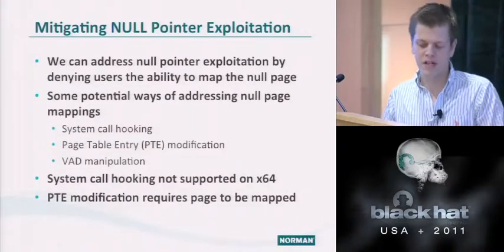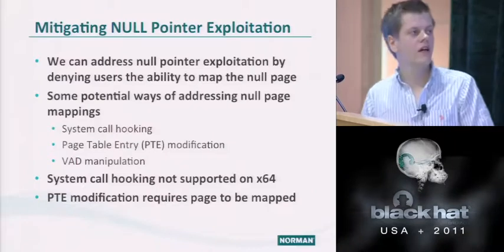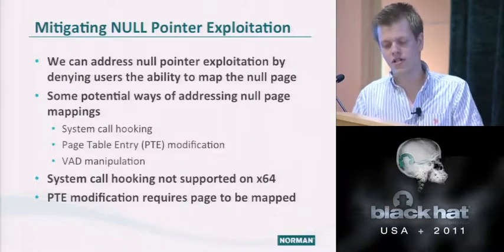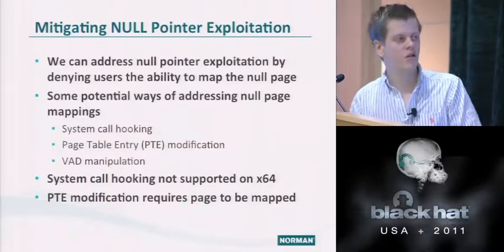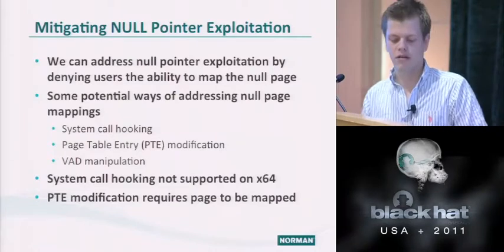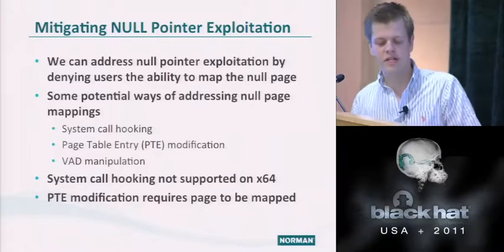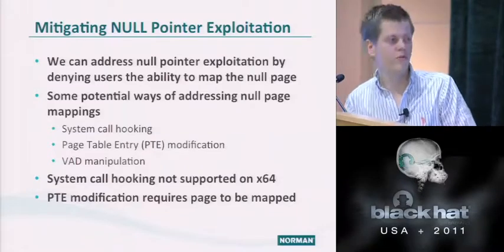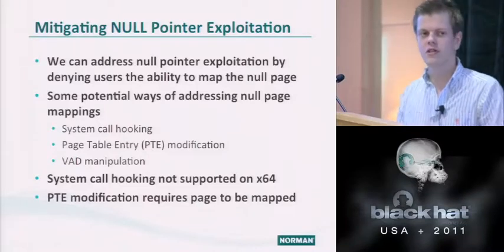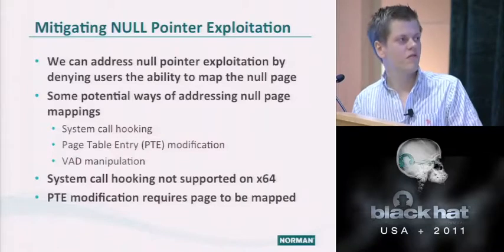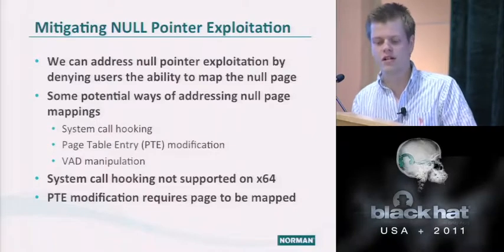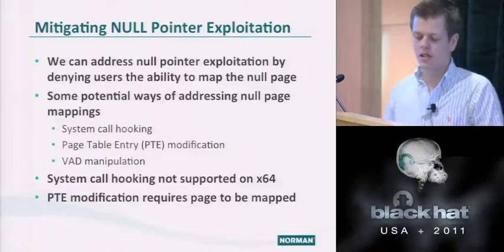For mitigating null pointer exploitation, we can try to deny the allocation of the null page. There are some potential ways of doing this. We could use system call hooking, modify the page table entries, or use VAD manipulation. System call hooking is not really a good solution because, first, it's not supported on x64 or 64-bit due to PatchGuard, which will check the system call table.